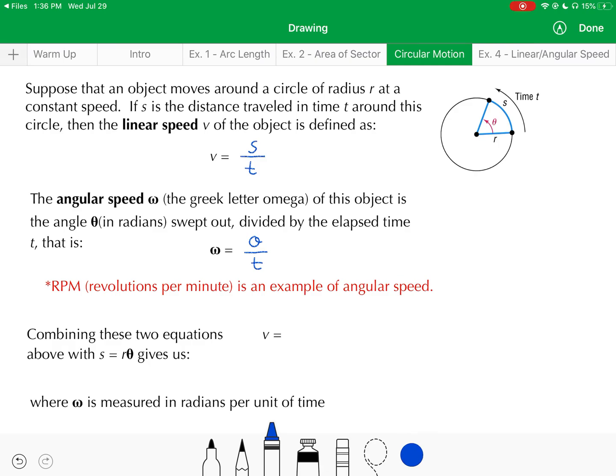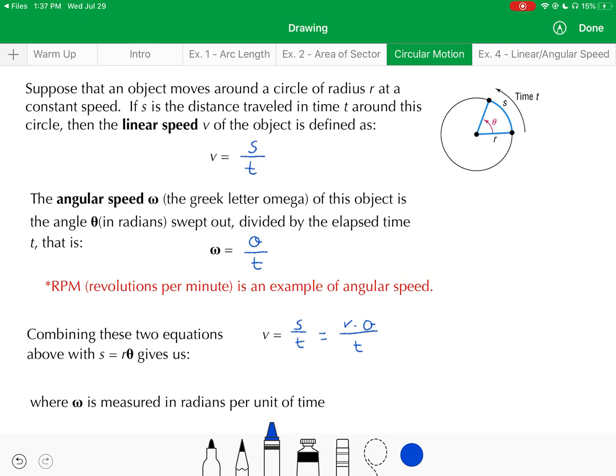Now, if we take the two formulas for linear speed and angular speed, we can relate the two speeds to one another. Starting with linear speed, we just said that that was equal to s over t, and s we can think of as an arc length. Now we know that s is defined to be r times theta, right?